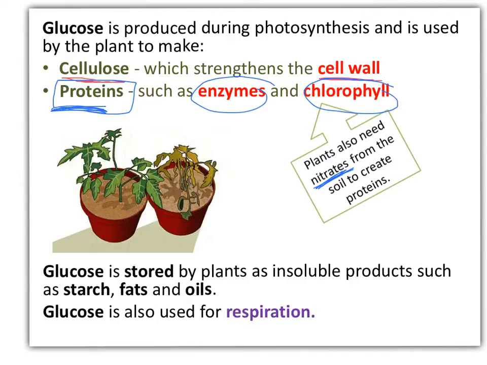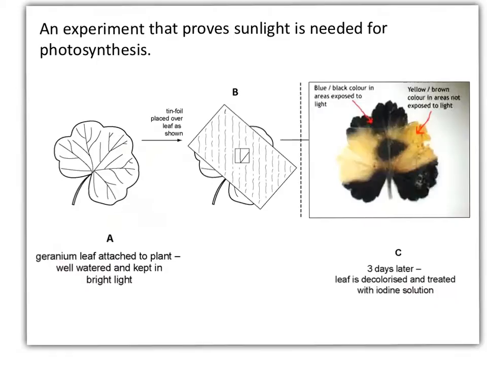So glucose plus nitrates equal proteins, and it can be stored as insoluble products. This might include starch, which can be used for energy, fats and oils, and of course glucose can also react with oxygen to generate energy in the process of respiration.